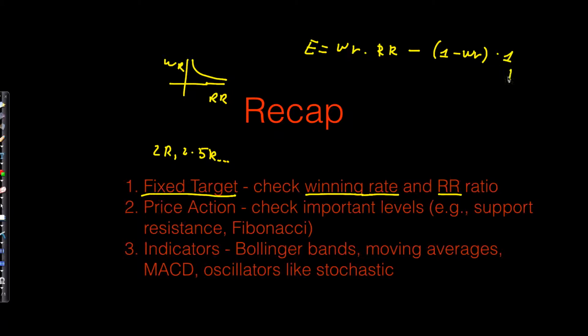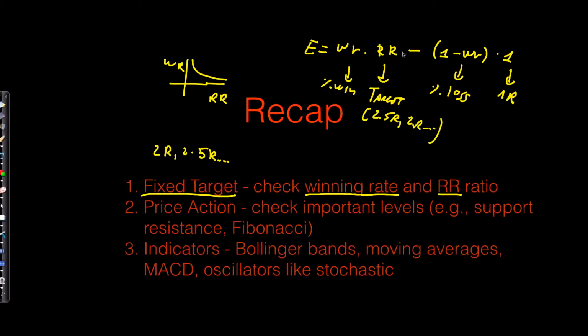Why 1? Because this is the 1R that you risk. This is the probability, the percentage of losses. This is the percentage of wins. And this is the target, so the value 2.5R, 2R, whatever.